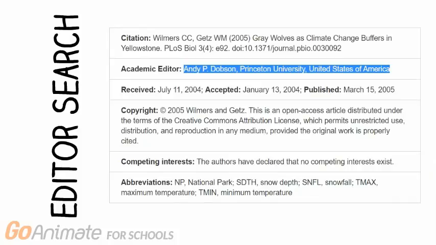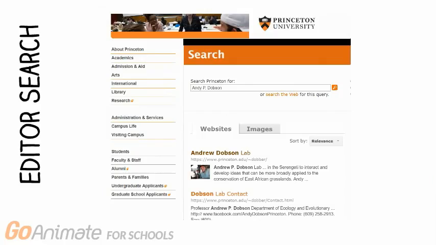This editor is listed as Academic Editor Andy P. Dobson. Dobson was listed as a professor at Princeton University. A search of Princeton's website has Dobson listed as a professor of conservation biology, and he also has his own laboratory.